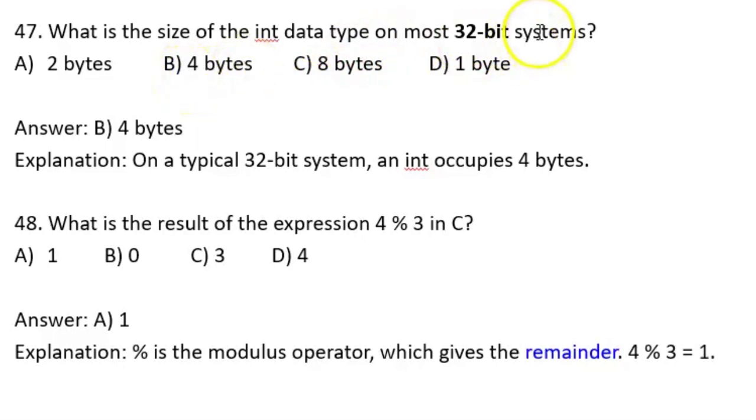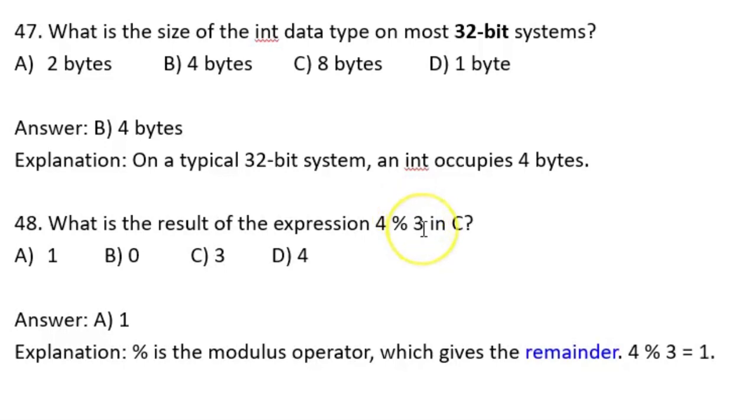On 32-bit systems, int is 32 bits, and 32 divided by 8 is 4 bytes, because 1 byte equals 8 bits. On a typical 32-bit system, an int occupies 4 bytes.